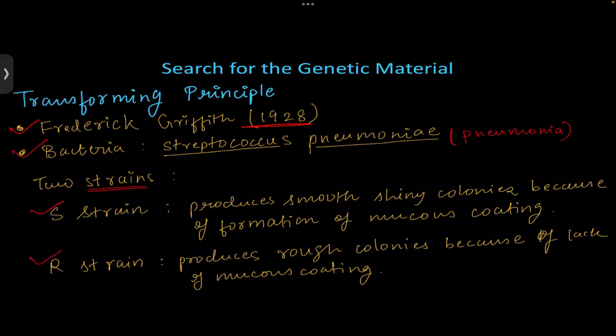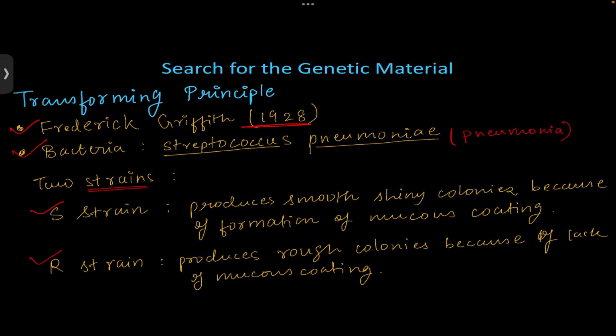The speciality of the S strain is that it forms smooth, shiny colonies because it produces a mucus coating, or a polysaccharide coating, over the bacterial cell wall. Mucus is basically a polysaccharide, and this coating gives smooth, shiny colonies.